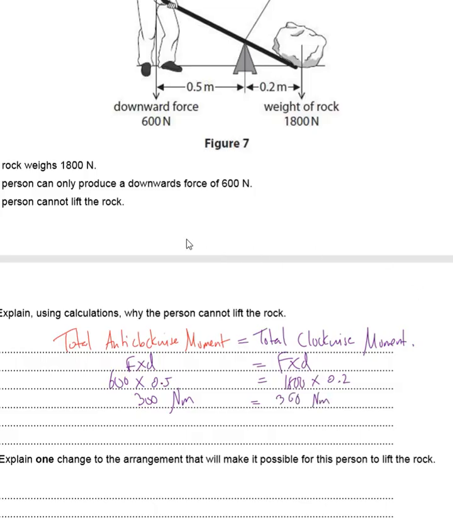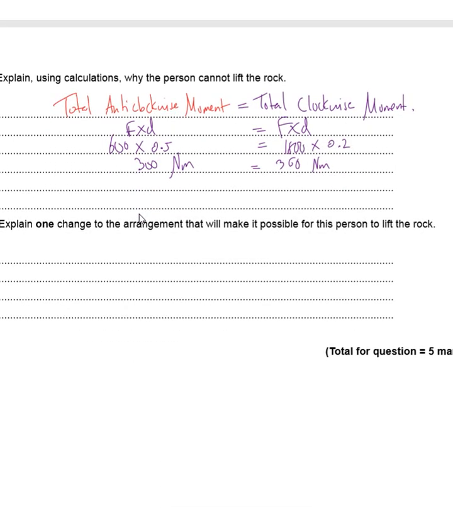Now what we see is that the moment of rock is greater than the moment of person, and this is why the person cannot lift it, because of the moment.